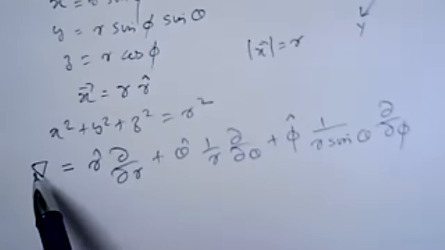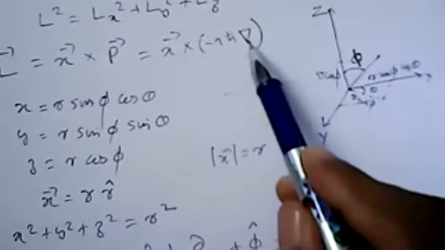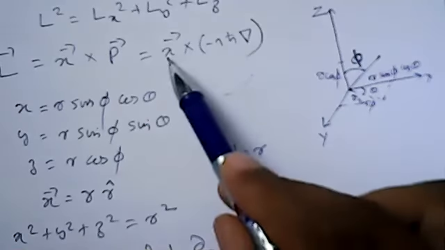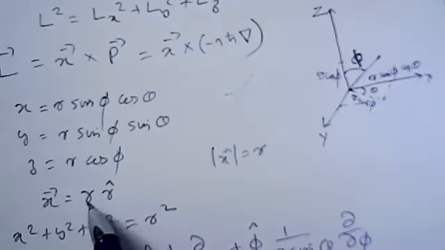Now substitute this del here, and instead of x you put r into unit vector r.